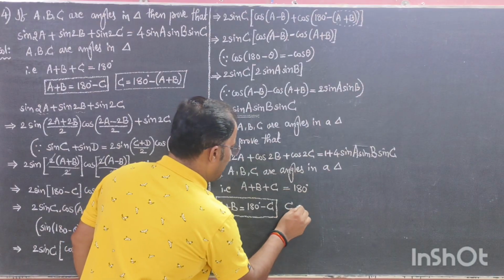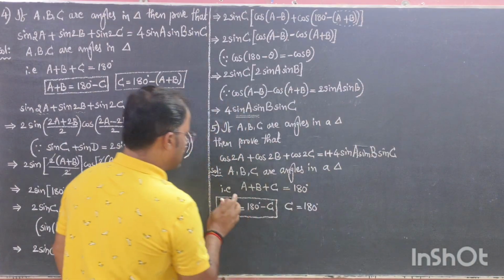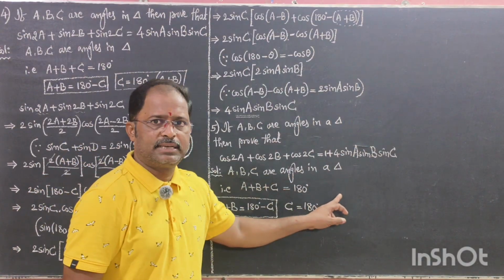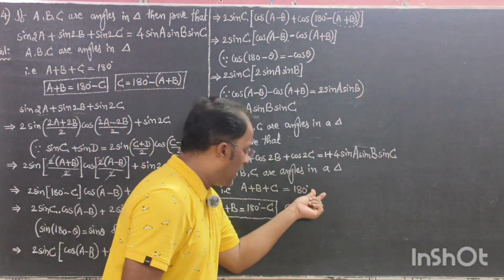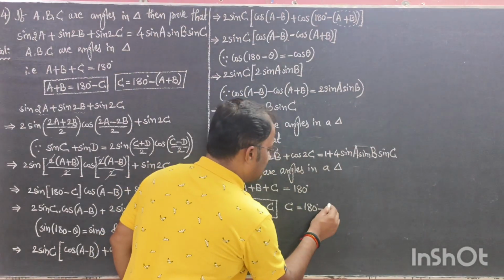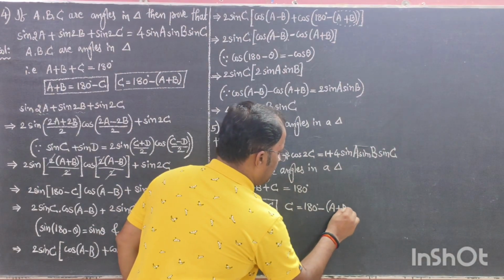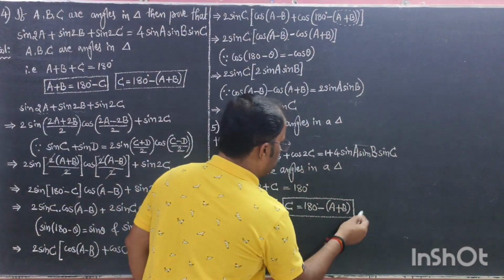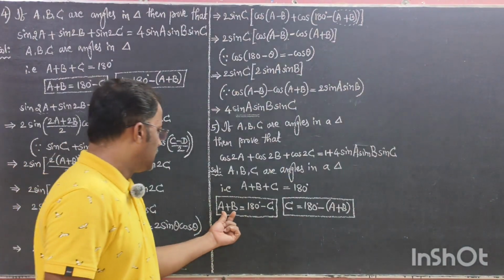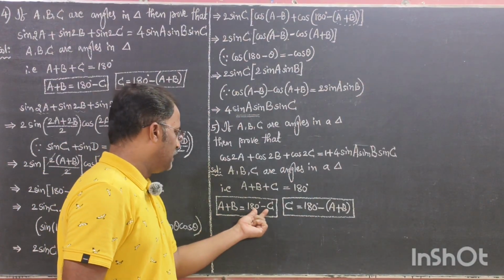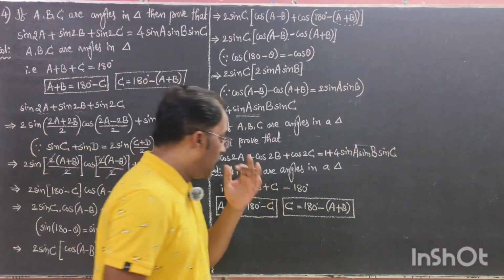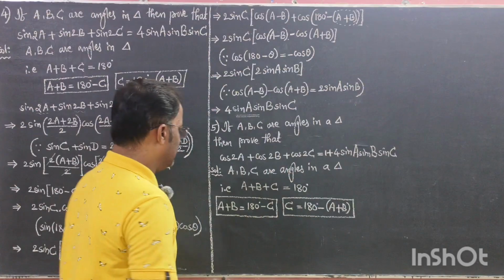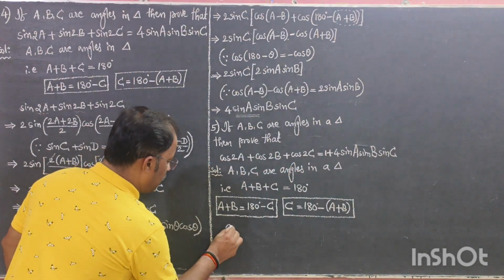Next, the capital C value is 180, and as in the previous problem, plus A becomes minus A and plus B becomes minus B, meaning 180 minus A minus B. Taking minus common, minus of A plus B, we can write this as capital C. So capital C equals 180 minus of A plus B. That means substitute in this problem capital A plus capital B as 180 minus C degrees, and capital C as 180 minus of A plus B. Right. Now write the problem. What is the problem given?